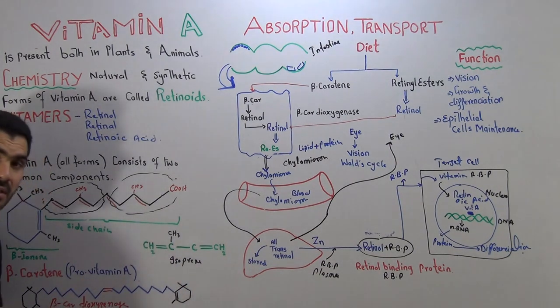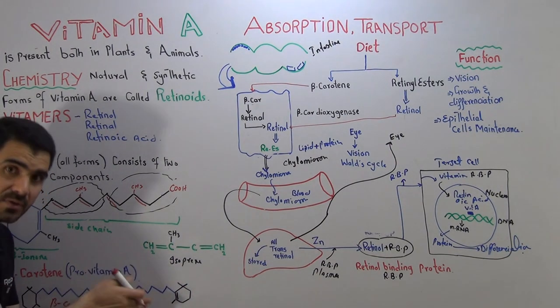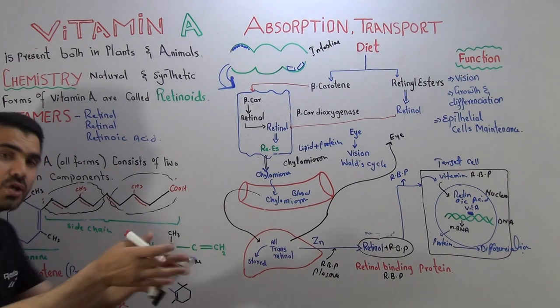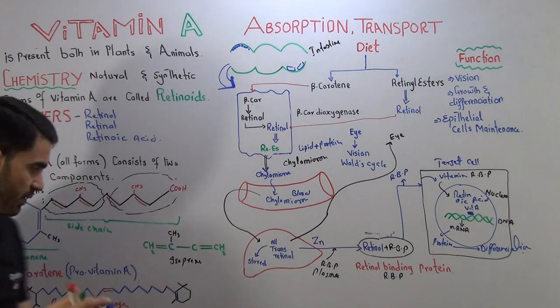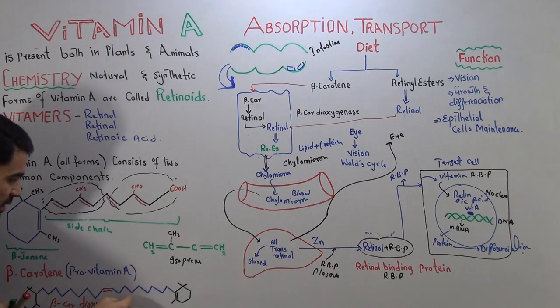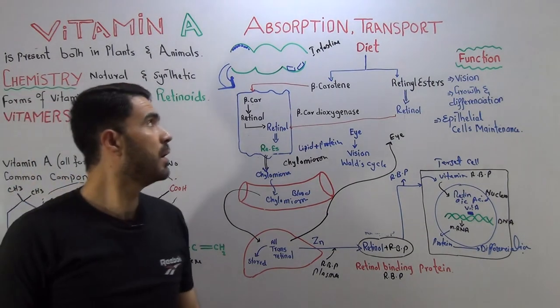Beta carotene dioxygenase enzyme can break this structure into two vitamin A. However, it will be retinal when it is broken down. Okay, fine.